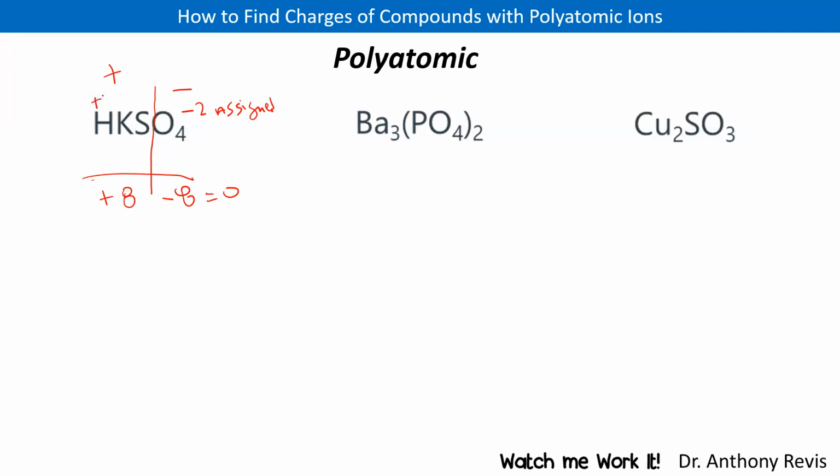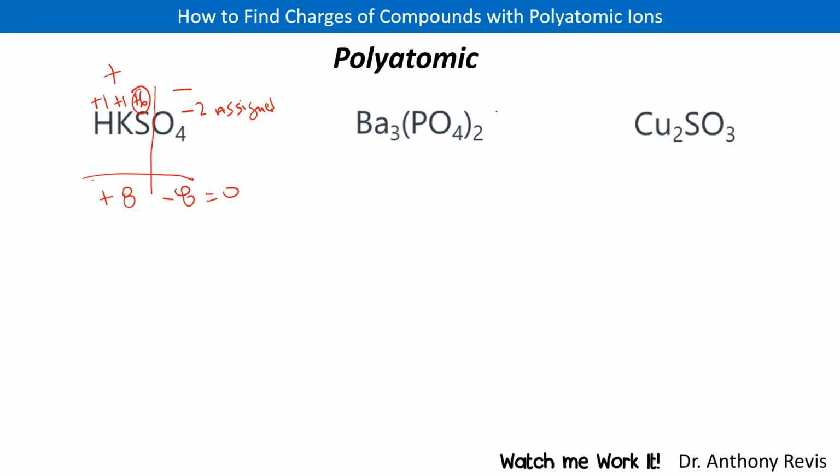Hydrogen's assigned a +1 by default, and because potassium is in group 1, it's assigned a +1. So right away, we have +2 charges already from these. Therefore, in order for this to equal 8, sulfur must be +6. So that's our assignment of sulfur in here based upon simple math.